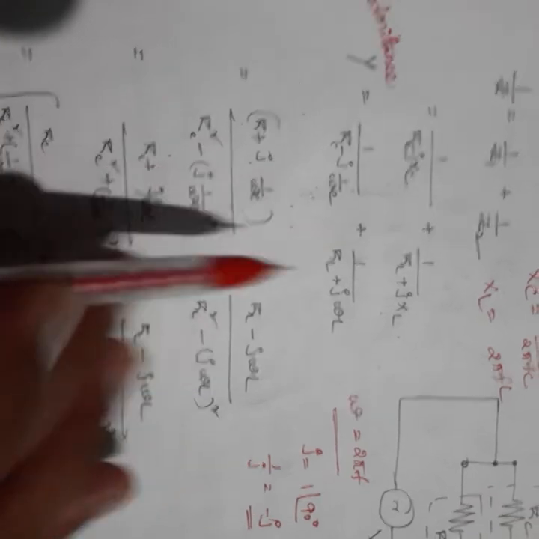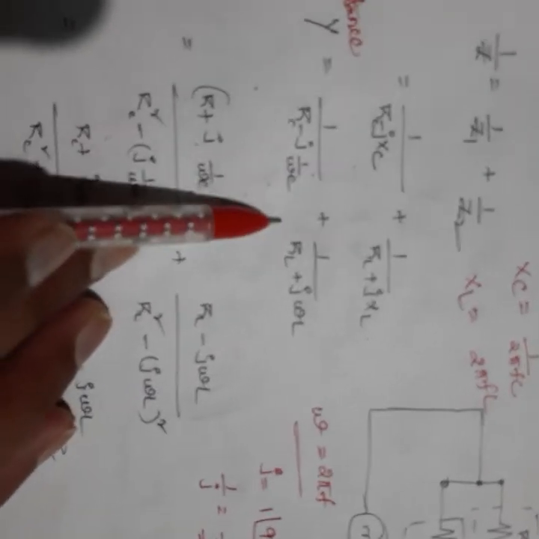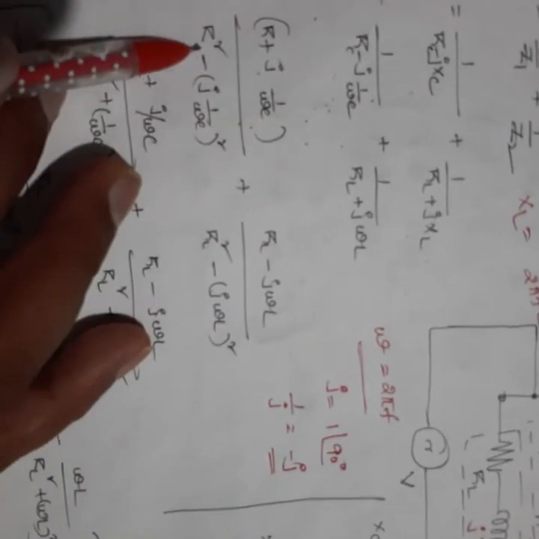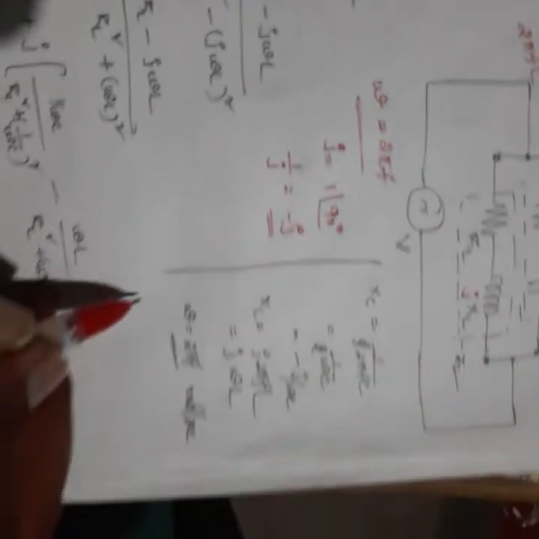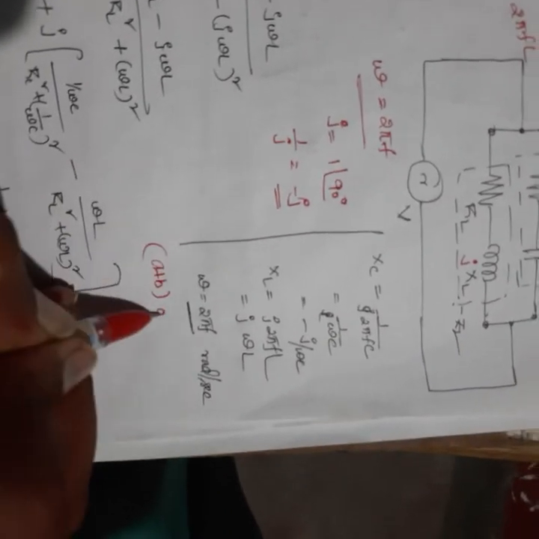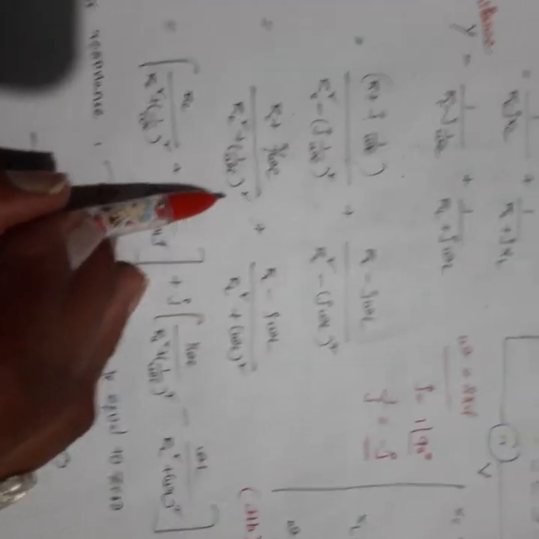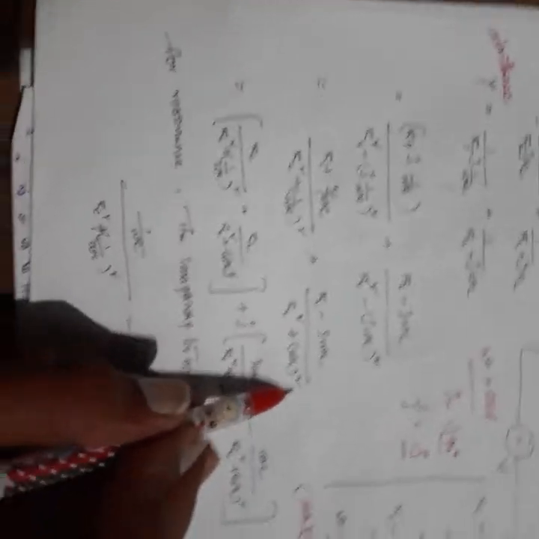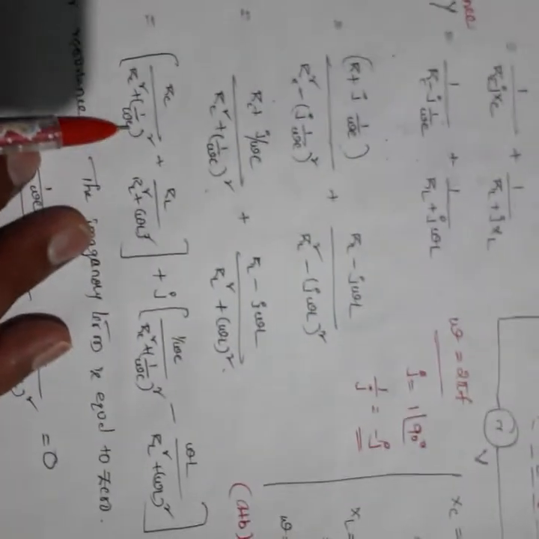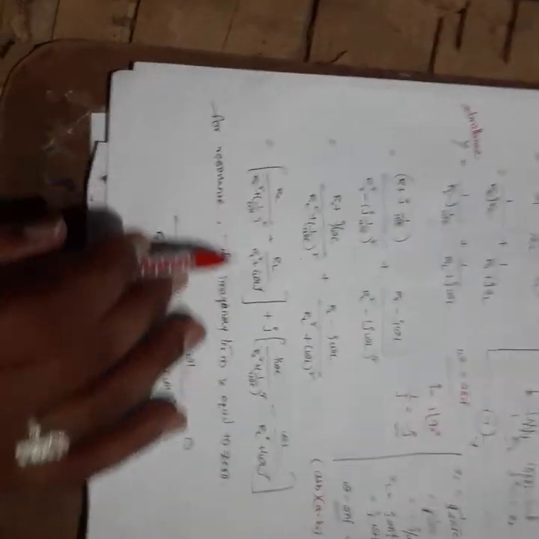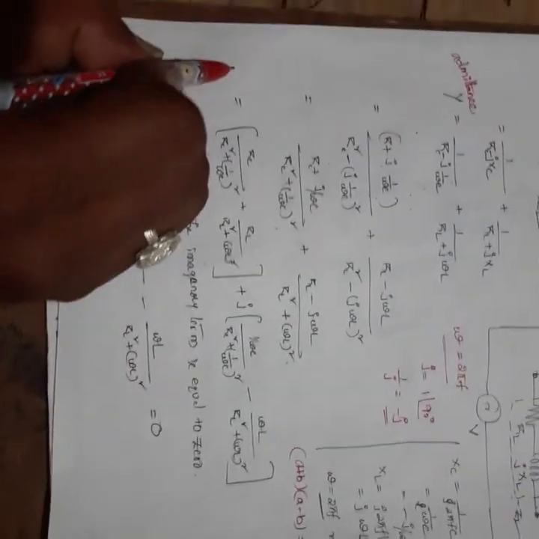Then we get the a plus b into a minus b formula, which gives a squared minus b squared. From this I simplify the equation, dividing the terms into a real part and an imaginary part.